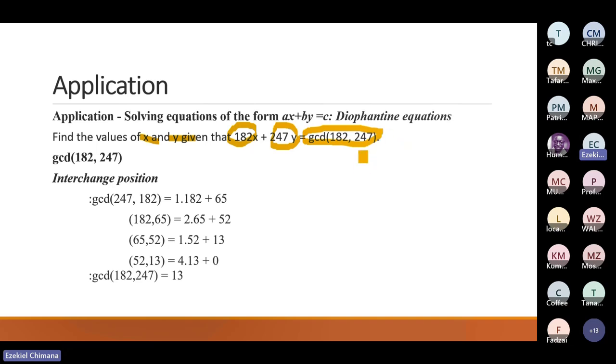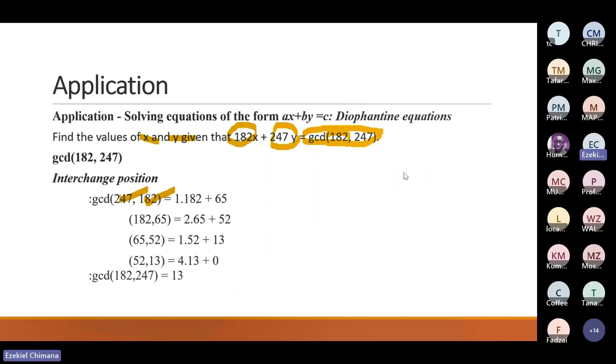So what you have to do here as your first step is to find the greatest common divisor of 182 and 247. And remember that your A here must be the largest number between these two values. That's why you see here we've got 247 as our A and 182 as our B. So you need to rearrange this first.